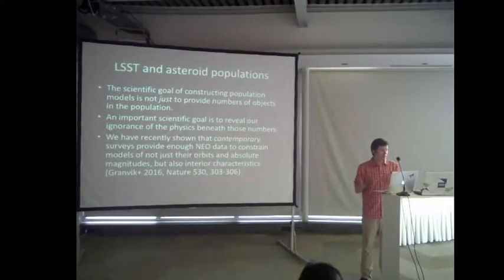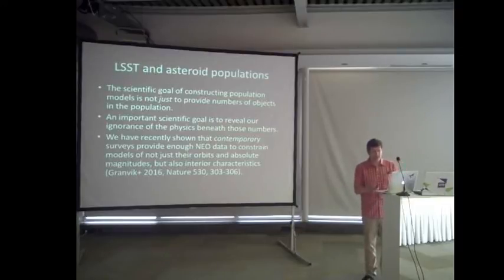Recently we've shown that already the contemporary surveys, the data that was collected until 2012, that is 10 years before LSST starts its survey, is already enough to allow simultaneous estimates of the orbit and absolute magnitude distributions if you constrain the interior structure of asteroids. This is a paper that we published earlier this year.